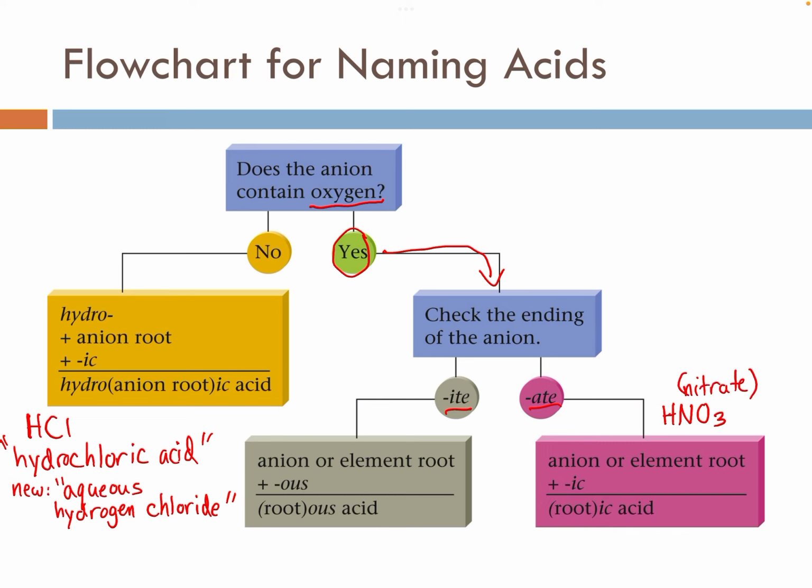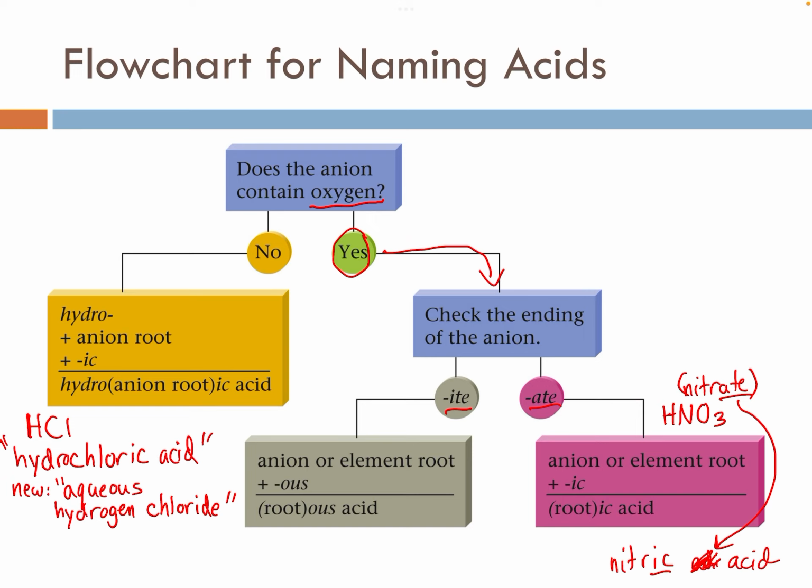Then we're going to change that to make it an acid. That will become nitric acid. So we take off the ate and replace it with ic acid. And you can remember, if you ate something you didn't like, then you'd say ick, it's an acid.